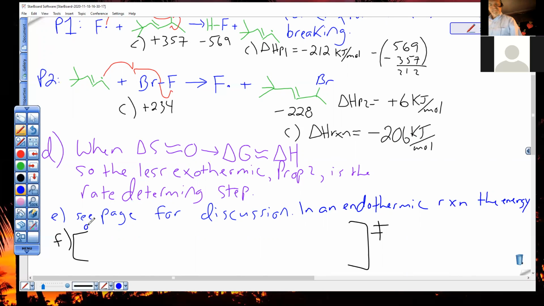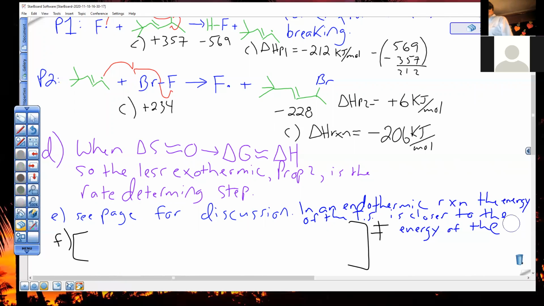The energy of the TS is closer, and I don't have this memorized. Energy of the what? Reactants or products? I don't know. It's an endothermic reaction. That's what I know.